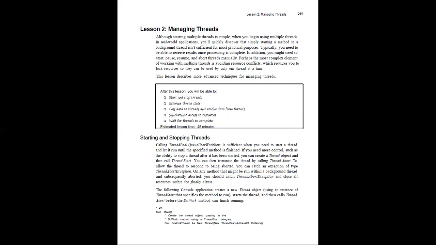So in this lesson, we are trying to expose you to what kind of API or methods we can use to control threads and fit our requirements in real cases. We explained in the previous lesson the thread pool queue user work item.